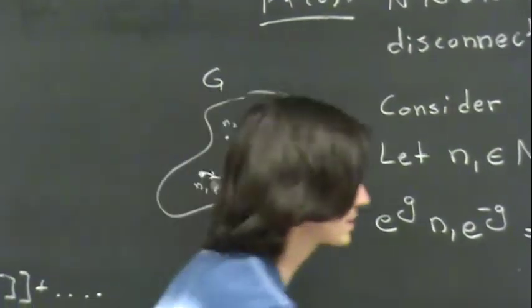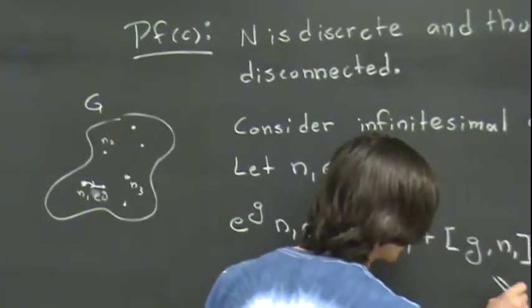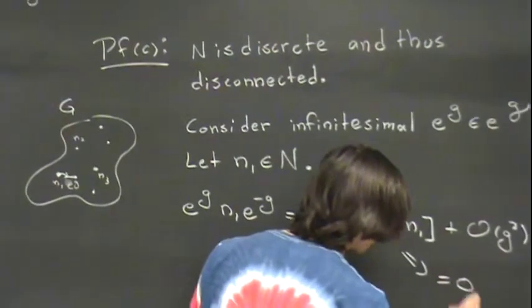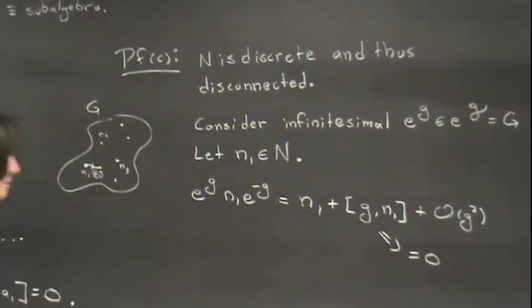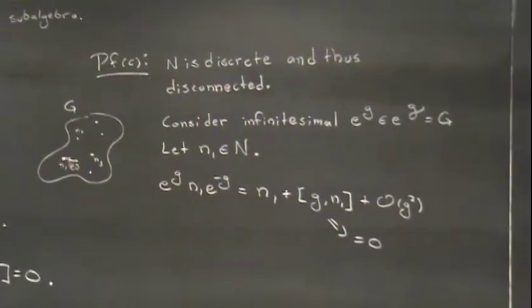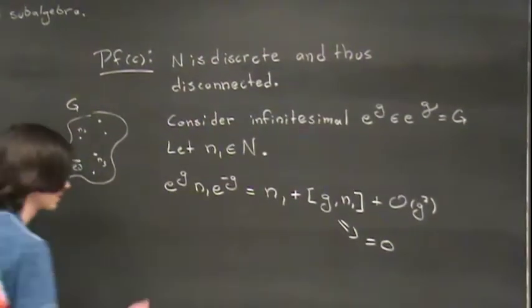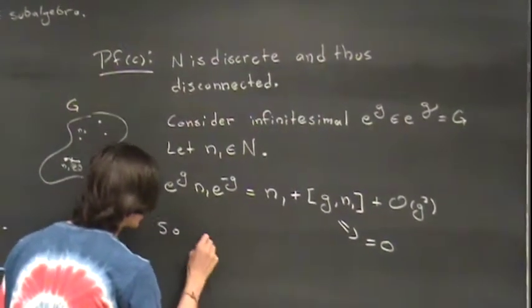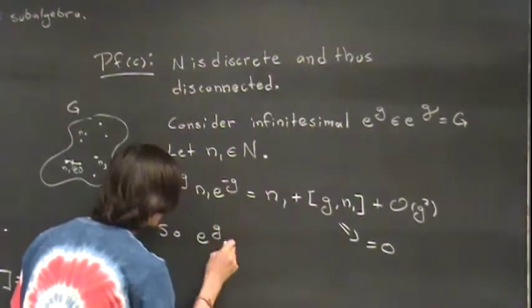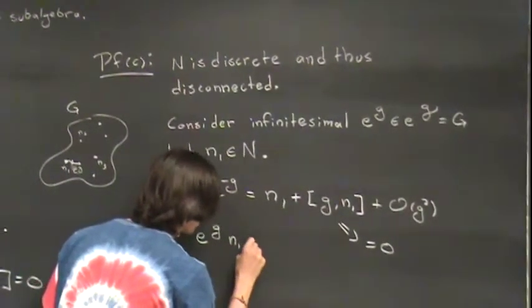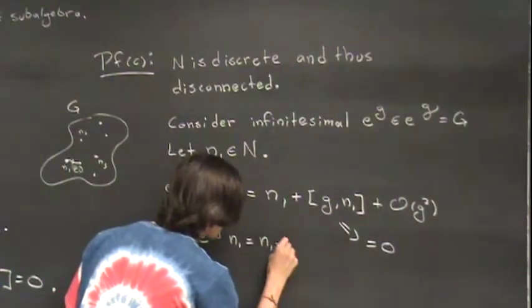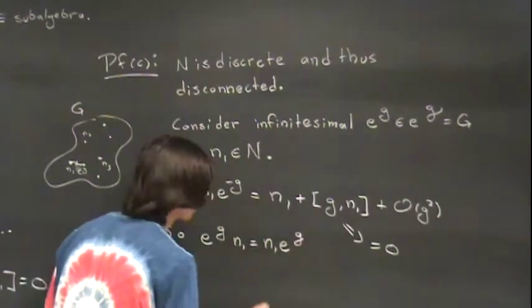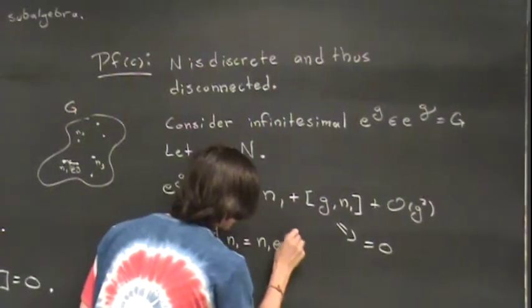So thus, this guy must be 0. The commutator must be 0. So we have that e to the g n1 equals n1 e to the g.